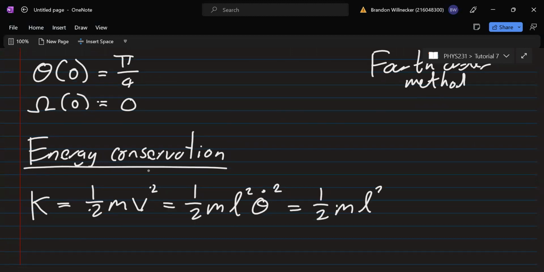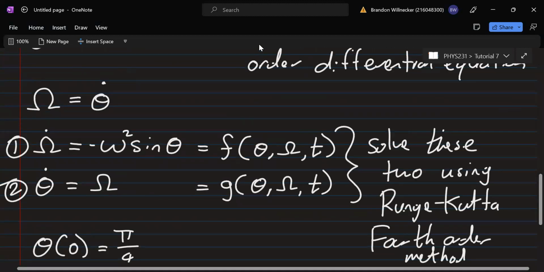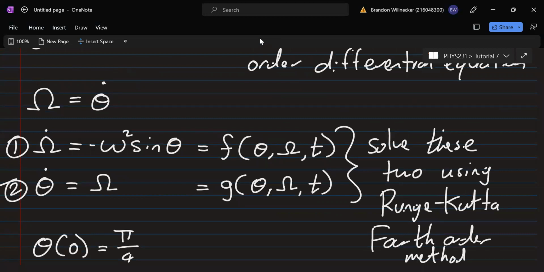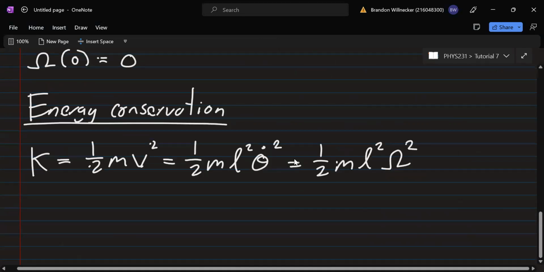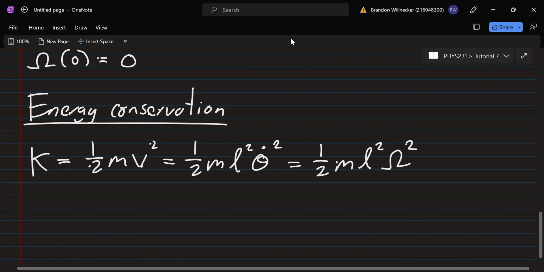Half m L squared capital omega squared. As we are updating using that Runge-Kutta method, we're going to be collecting the values of omega and theta, so we always keep those in a list. Once we have those in a list, we can then do these calculations here. If we have a list of omega values over time, then we can calculate the kinetic energy over time.